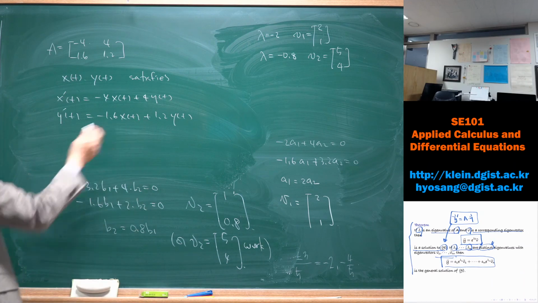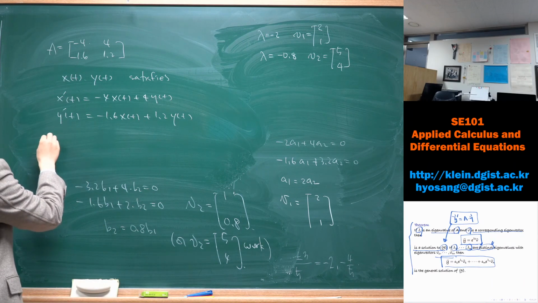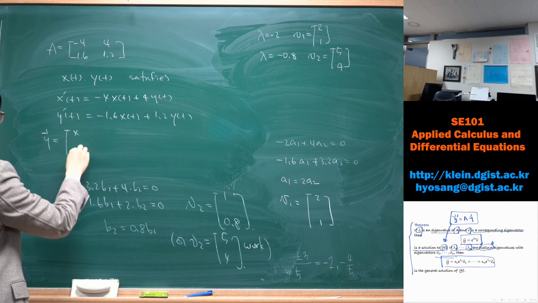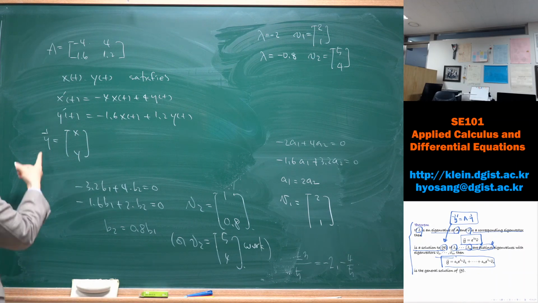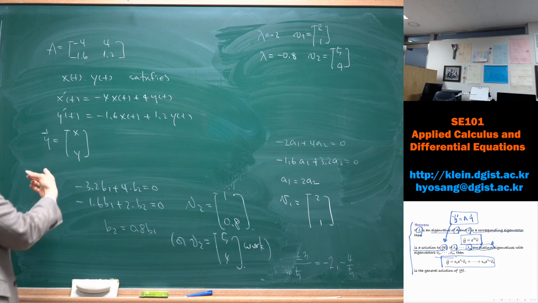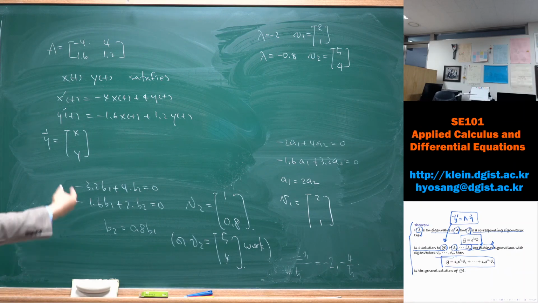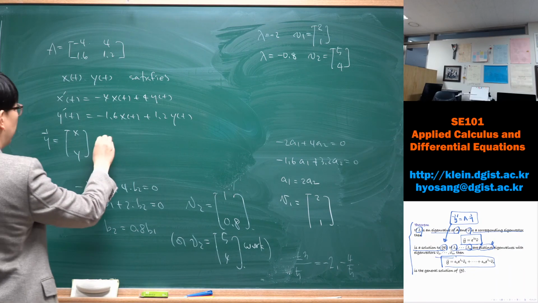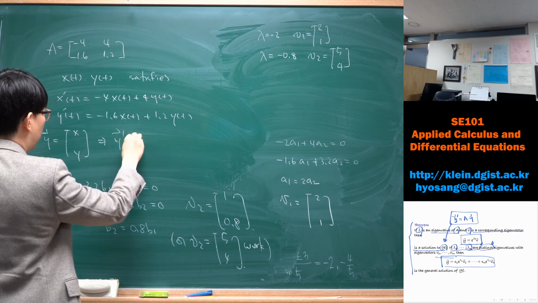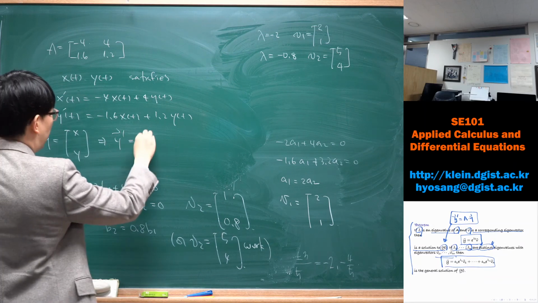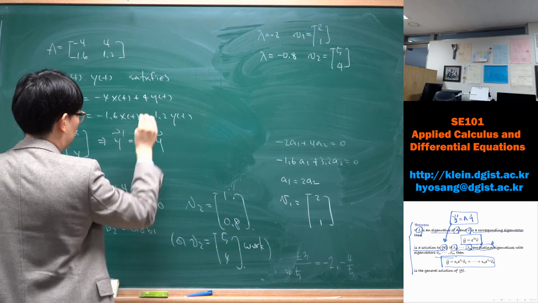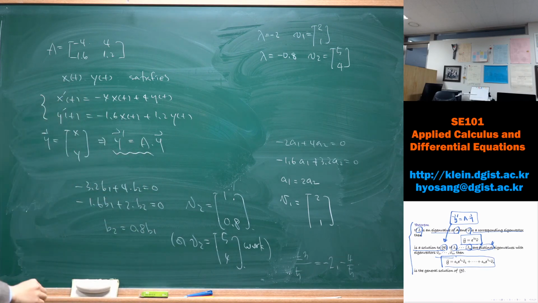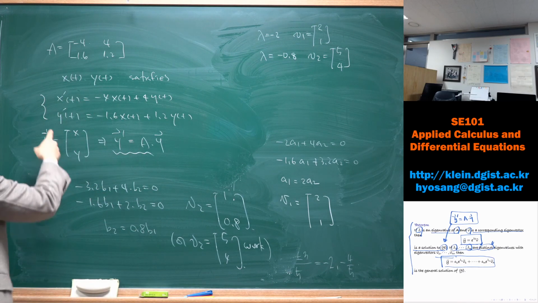Okay. So then, if I take the y vector as simply x and y, this is a function of t, and the value of the function is a vector. It's a perfectly normal function. Then this y vector prime is now written as A times y vector. So this is our differential equation represented in terms of a matrix expression.